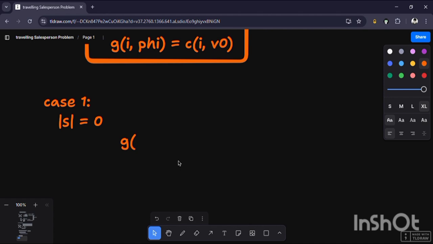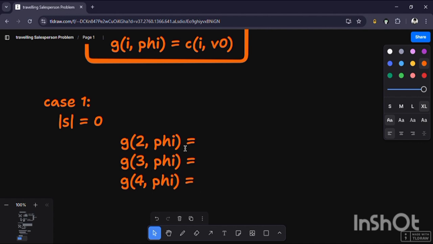When mod S equal to 0, how many options do I have? 3. Mod S equal to 0 means from 2, 3 or 4 I can go to the source vertex, so G of 2 comma phi, and next G of 3 comma phi, next G of 4 comma phi, right?